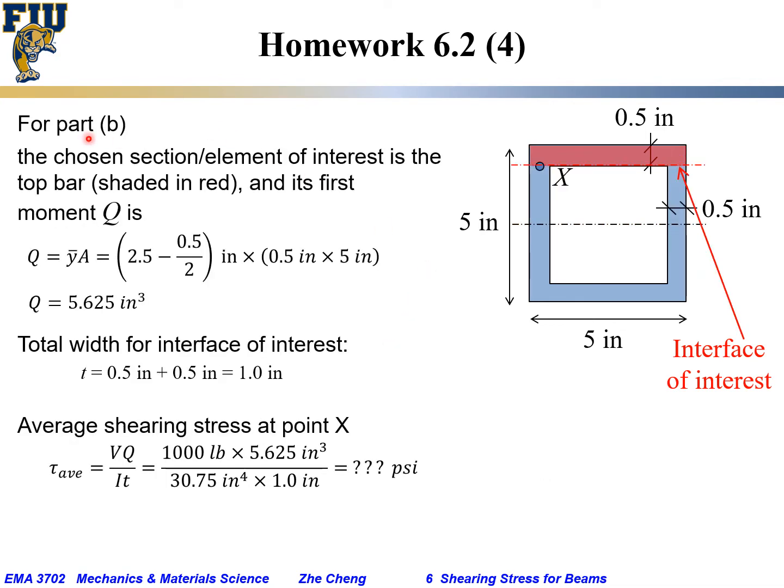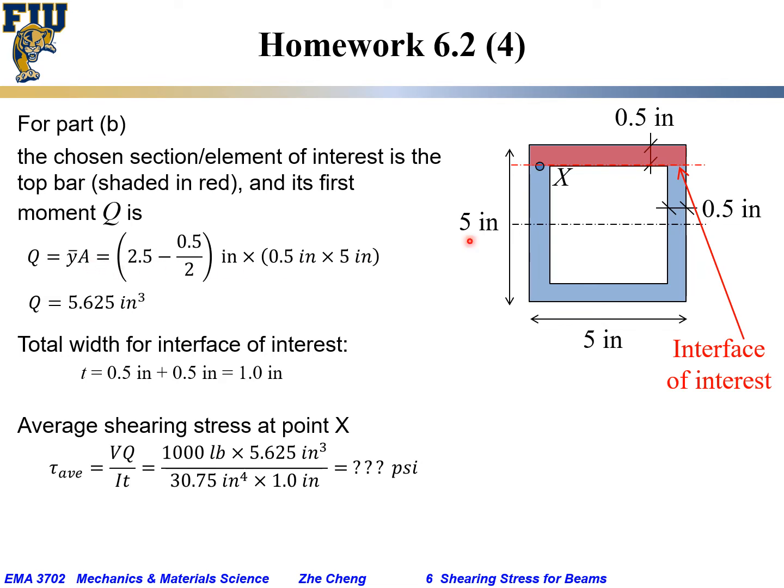Finally, for part B, we want to calculate the average shearing stress at the X interface. For the second part, the element of interest chosen would again be this rectangular red shaded bar, and its first moment would be y bar times area.